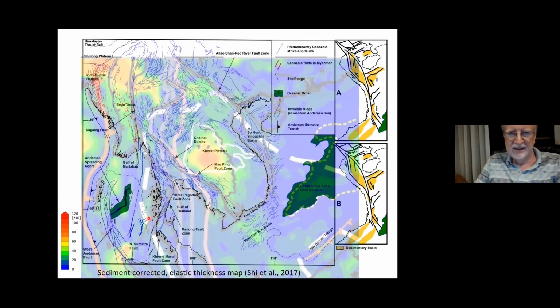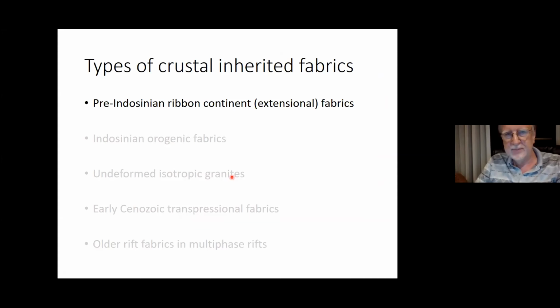And what you can see here is that there are localized areas of high elastic thickness, strong crust, and then these areas in blue, which are very extensive, of much weaker crust. And we can see that the faults here in Thailand are focused in this area of weak crust and avoiding the stronger crust of the Khorat Plateau.